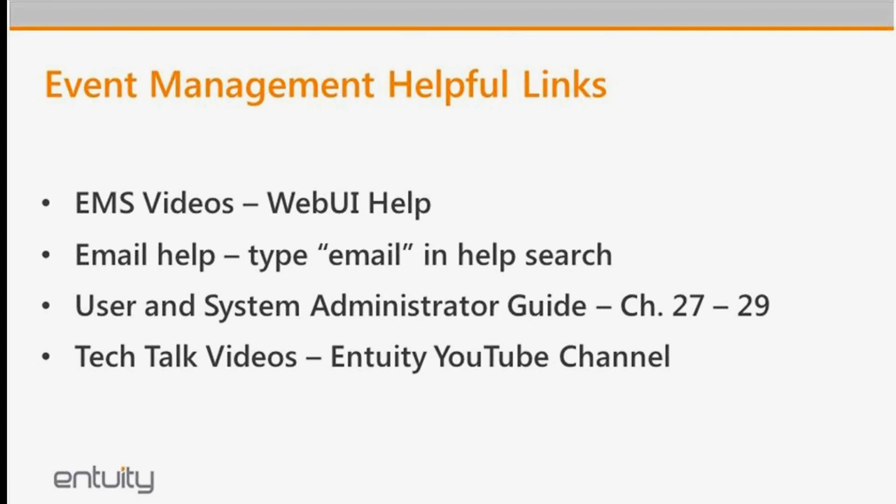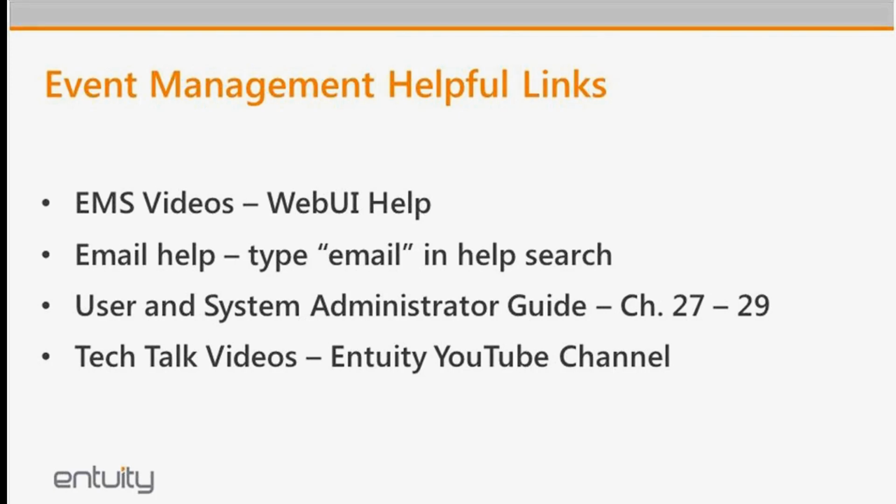But I just wanted to throw a few links up here as a reference point. The first one is really helpful because it looks at a number of areas of the event management system, and it's available to you in the help menus right within the web interface.